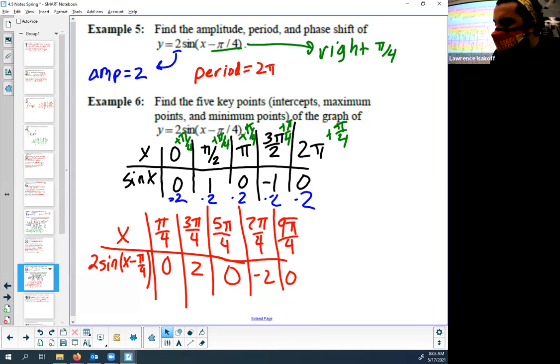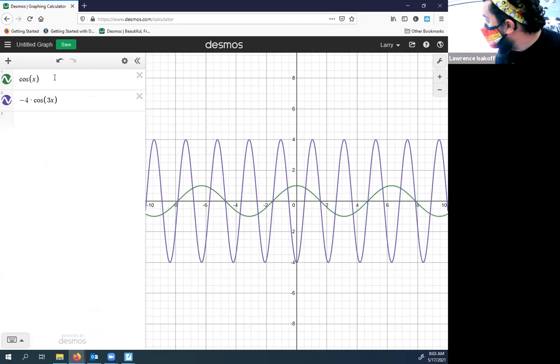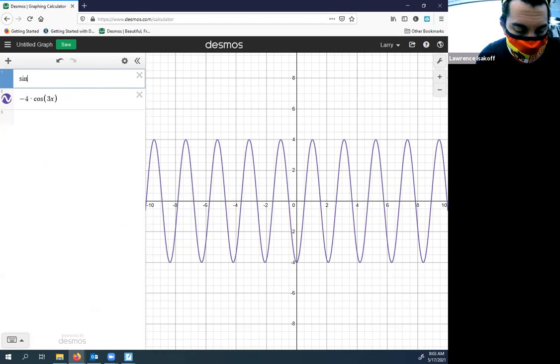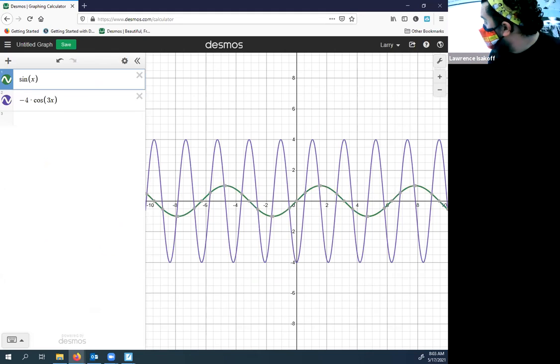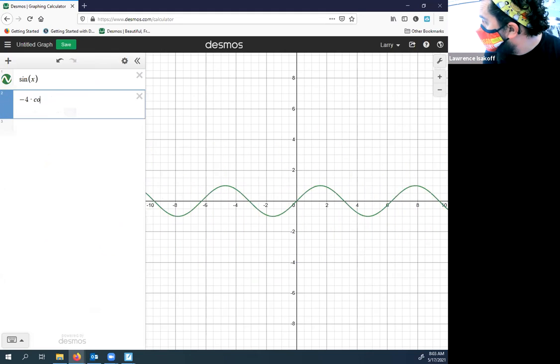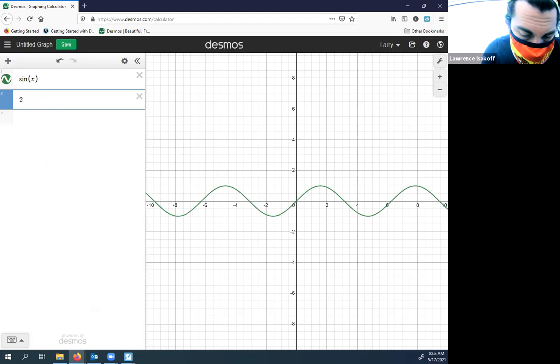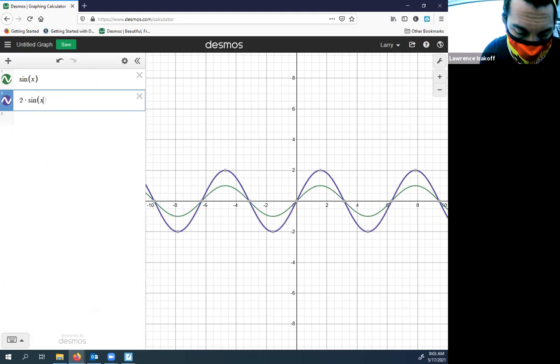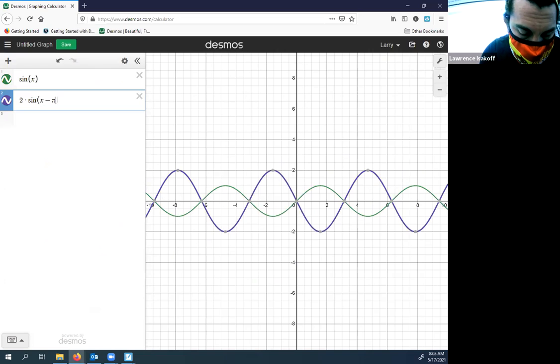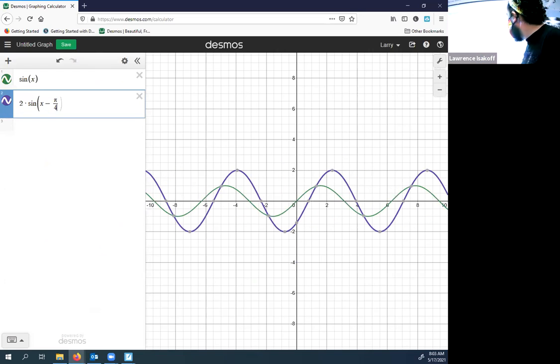Again, if I very quickly graph this on Desmos, do sine of x, that's my default graph. I said 2 times the sine of x minus pi over 4.